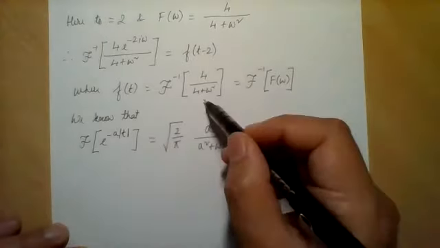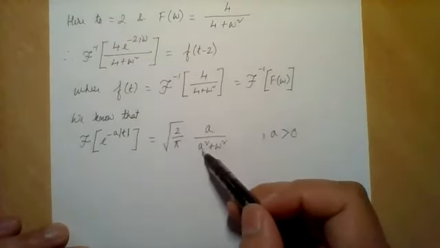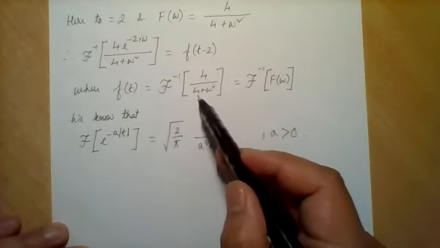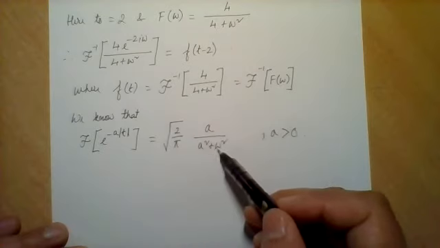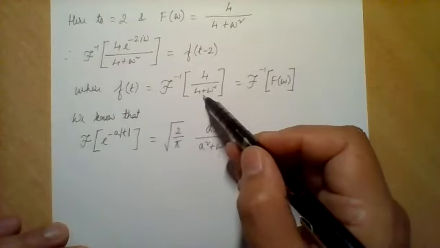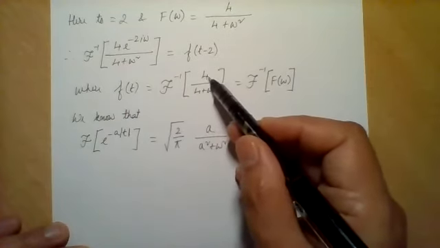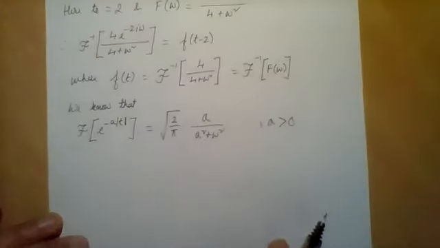So you compare this and this. We have a square equal to 4, so 4 plus omega square should be equal to a square plus omega square. That means here a is equal to 2. So a equal to 2 means this is 2 square plus omega square, and the numerator is twice a, 2 times 2, and I can take 2 outside.